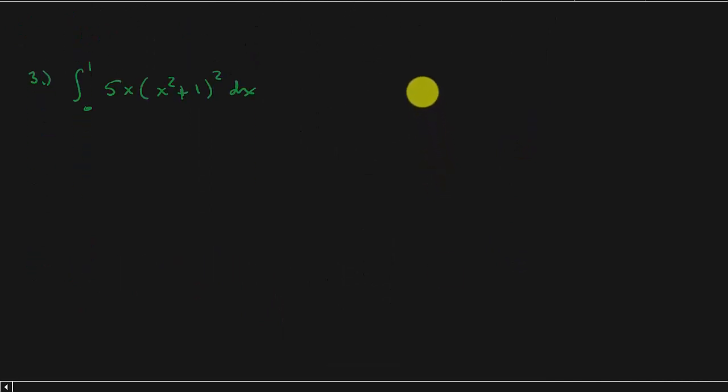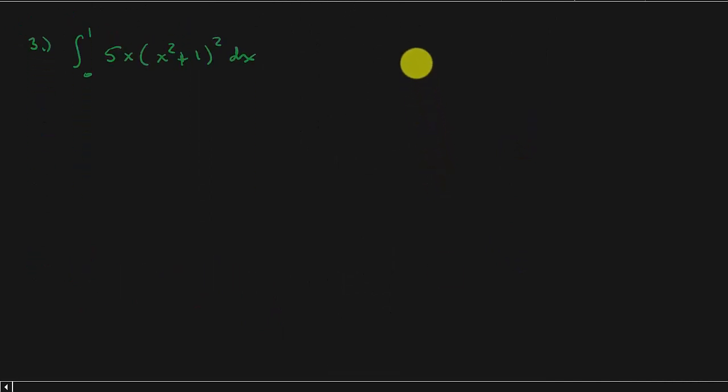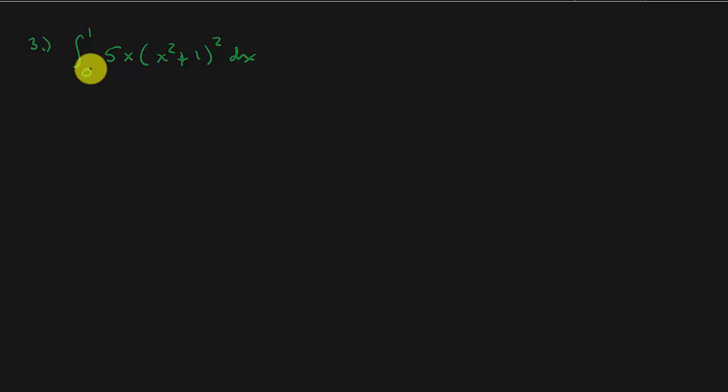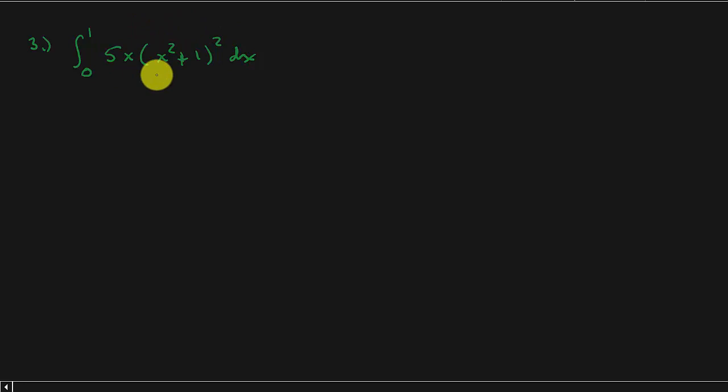All right, so here we have the integral from 0 to 1 of 5x times x squared plus 1 squared. Now, if you remember from the video on indefinite integrals, we integrated stuff like this, okay?